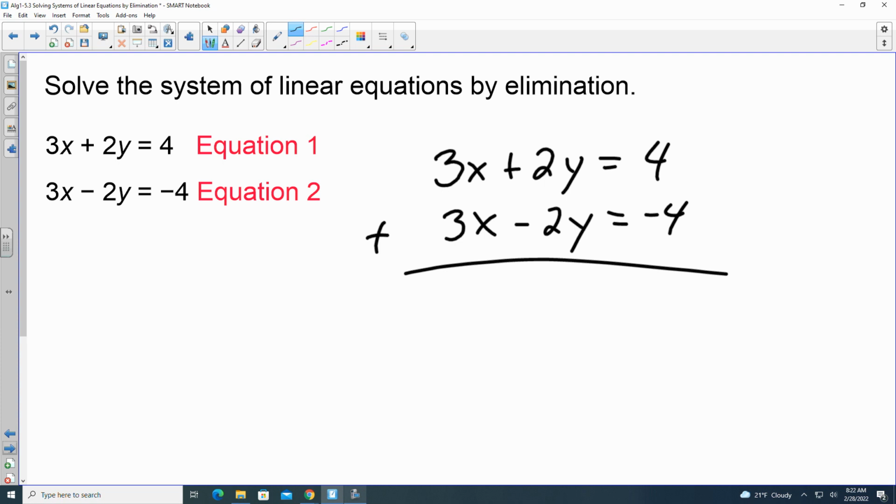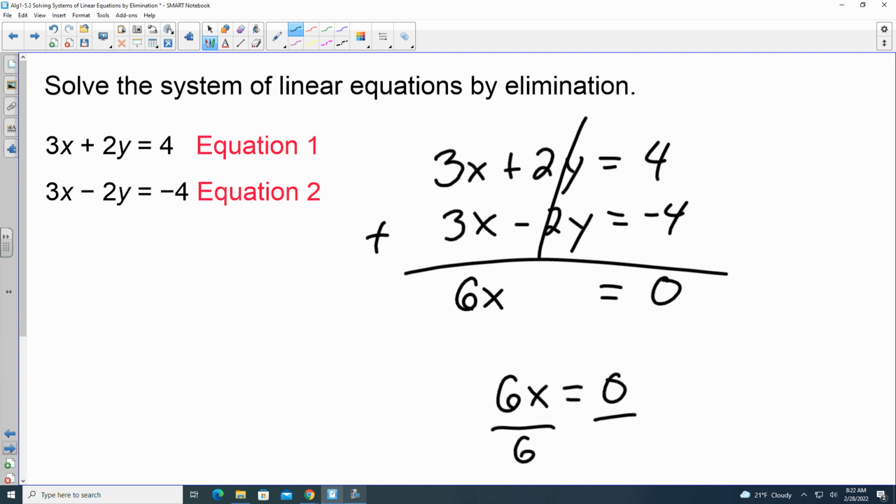So 3x plus 3x is 6x. Positive 2y plus a negative 2y is actually going to be 0. So this is where the elimination comes in, so that gets canceled. It is now going to be equal to 4 plus a negative 4, so that is 0. So now I have 6x is equal to 0. From here, I divide 6 to both sides, so x is equal to 0 in this particular instance.